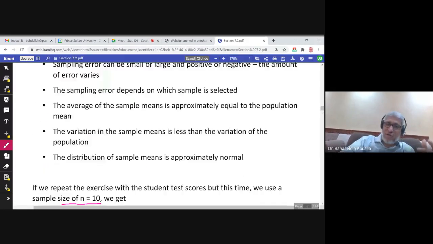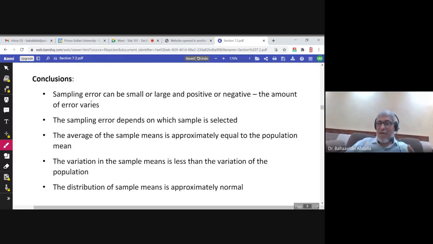What are the other conclusions? The sampling error can be small or large, positive or negative, depends on the sample. The average of the sample means, what is this? This is mu X bar, is approximately equal to the population mean.